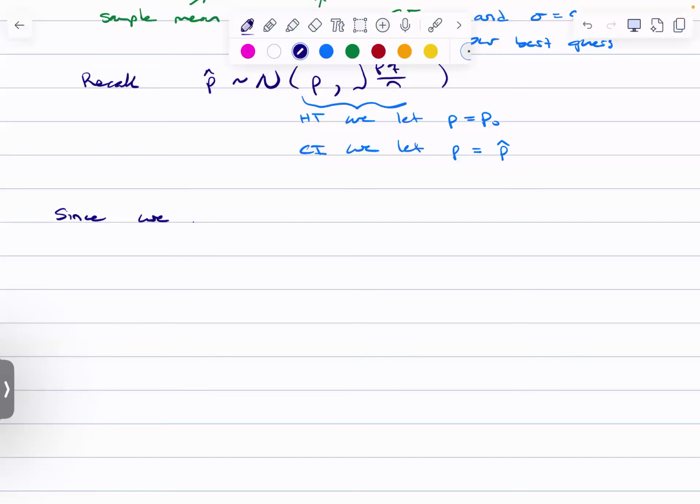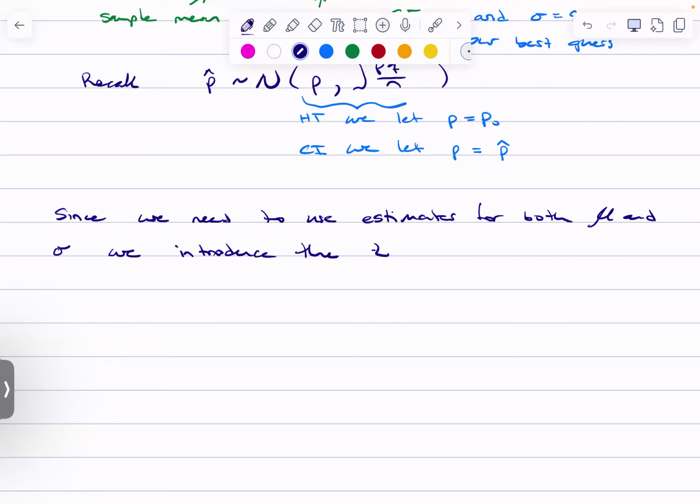So since we need to use estimates for both mu and sigma, we introduce the t distribution for means.